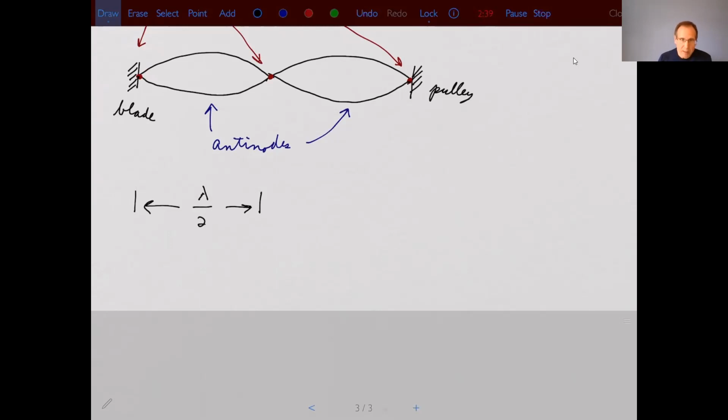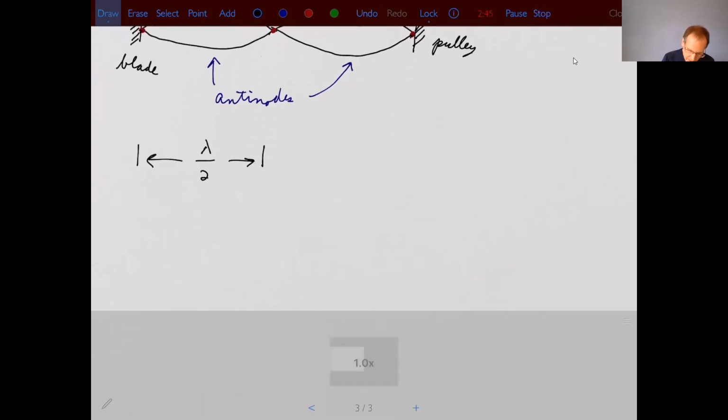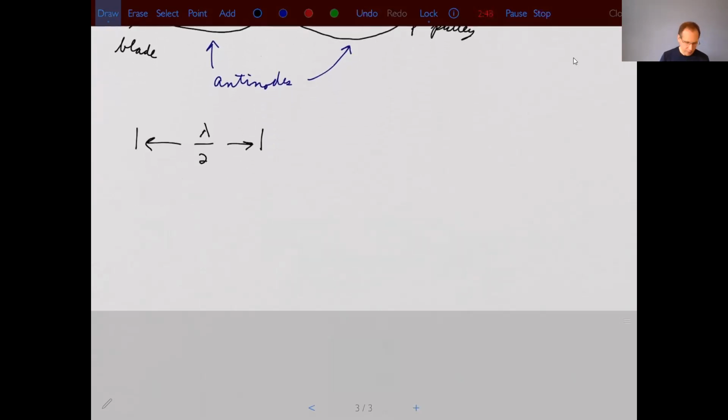So if I'm observing a particular number of loops between the blade and the pulley, then there's a certain condition that has to be met. If I multiply the number of loops times half a wavelength, that has to equal the total length from the blade to the pulley.